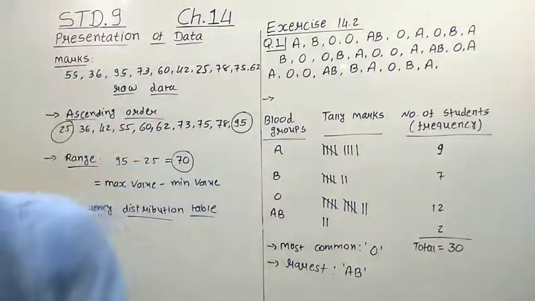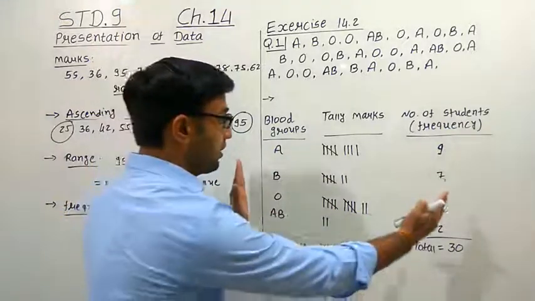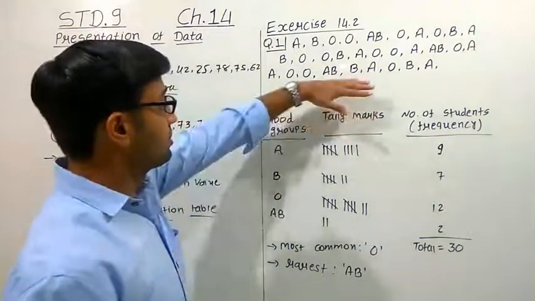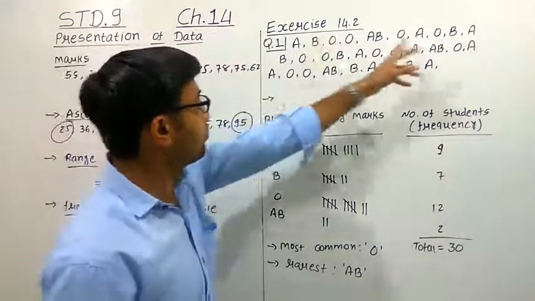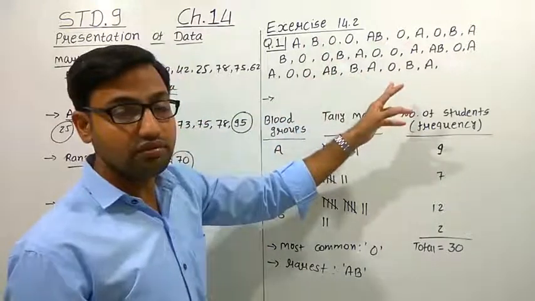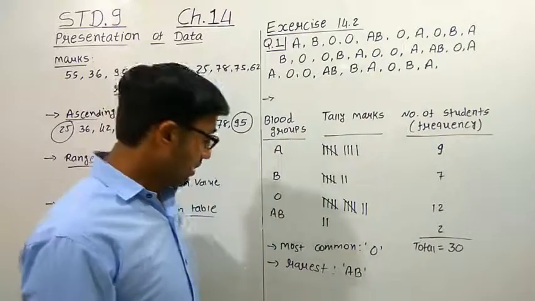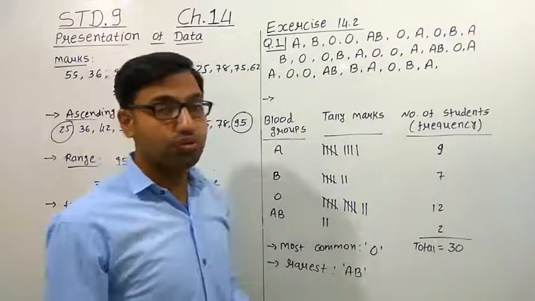Okay, so whenever this kind of data is there, we can first of all make the frequency distribution table, then we can answer this type of question. If you have only the raw data and you are asked which is the most common, then you have to go throughout the data. Every time you are asked a question, you have to go throughout the data. Or if you are asked the rarest blood group, then also you have to go throughout the data.